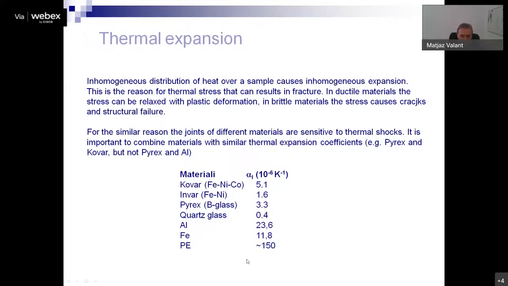So from this we can easily see that we can combine Pyrex and Kovar, but we cannot combine Pyrex and, let's say, aluminum. If we did that, on this joint we would easily get cracks generated by some thermal shock, while a Pyrex and Kovar joint will be much more resistant to thermal shock.